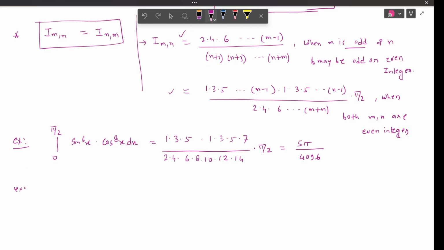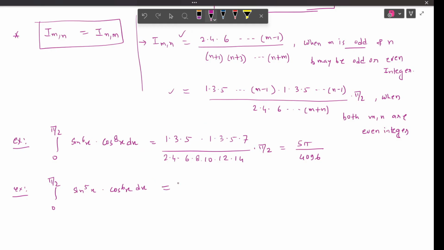Let us see another example. We have to evaluate integration 0 to pi by 2 sin to the power 5x into cos to the power 6x dx. Here m is odd and n is even. So you have to use the first formula.